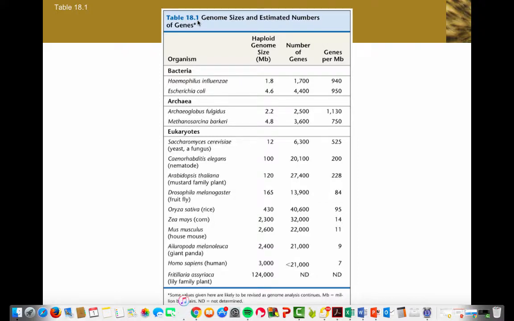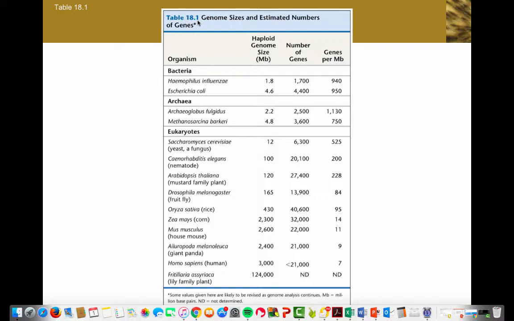Over here, our size is 3,000 million base pairs, and the number of genes we have is greater than 2,100. So we do have more genes, but genes per base pair is much smaller. So we have a lot of basically junk DNA that we right now have no idea what it's coding for.